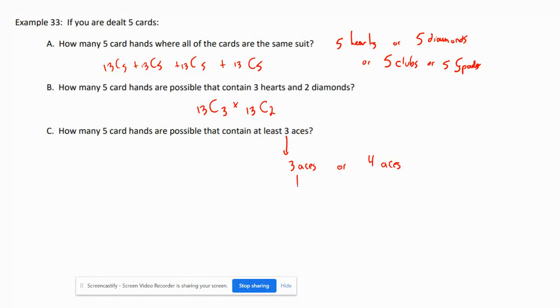So what this situation is going to be would be 3 aces and 2 non-aces, or 4 aces and 1 non-ace. Okay, so 3 aces is 4 choose 3, 2 non-aces. Well, there's 48 cards that are not aces in a deck because there's 52 in total.